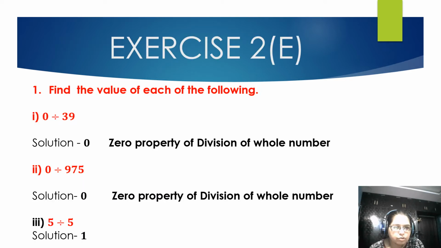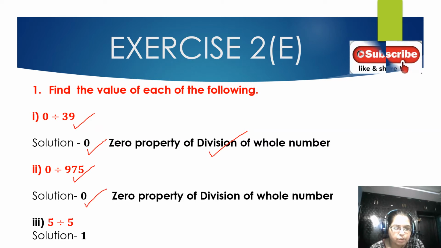Now we solve question number 1, and question number 1 is find the value of each of the following. First bit is 0 divided by 39. We know 0 divided by any whole number we get 0 only, and this is called the zero property of division of whole numbers. Second bit is 0 divided by 975. We know 0 divided by any whole number we get 0 only.